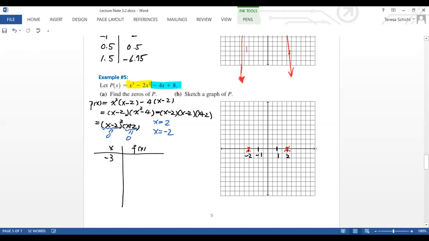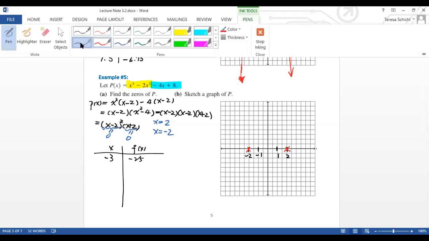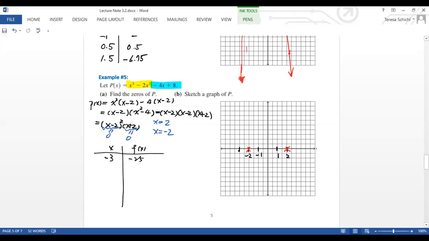If -3, I get -25. So here is -3, and -25 is way down. So this is -2, this is -3, and -25 is way down here.